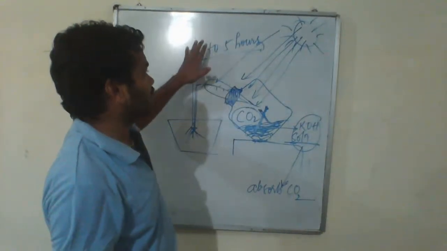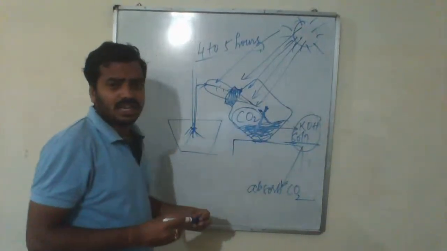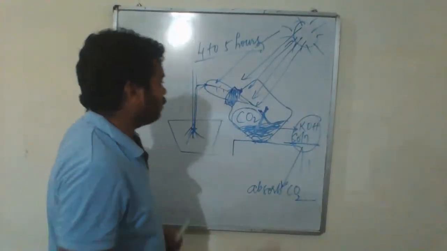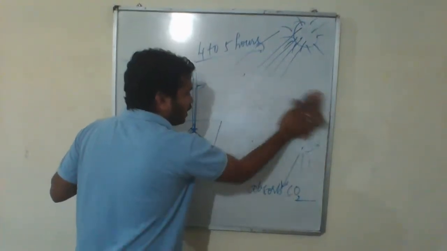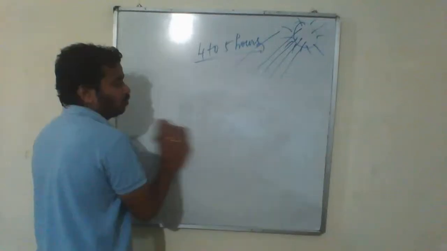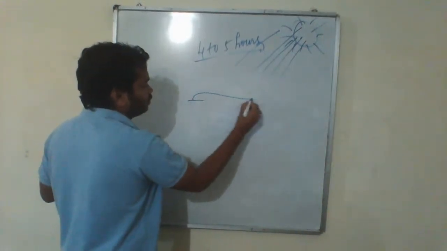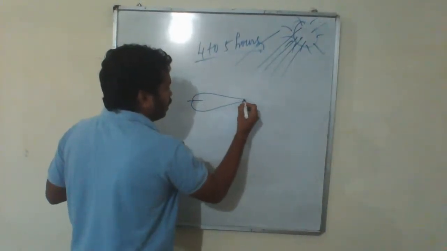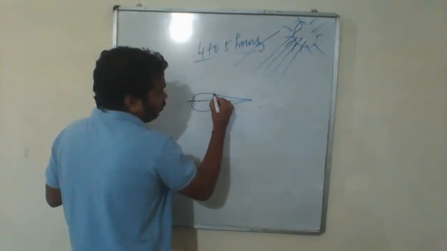Now this happens after 4 to 5 hours. What I will do is I will take this leaf out of the bottle. ఈ బాటిల్ లోంచి లీఫ్ ని బయటకు తీసేద్దాం. We shall take out the leaf and pluck it from the plant, నుంచి కట్ చేసేద్దాం. We shall cut the leaf from the plant. So now the leaf is available. So this part was kept in the bottle.